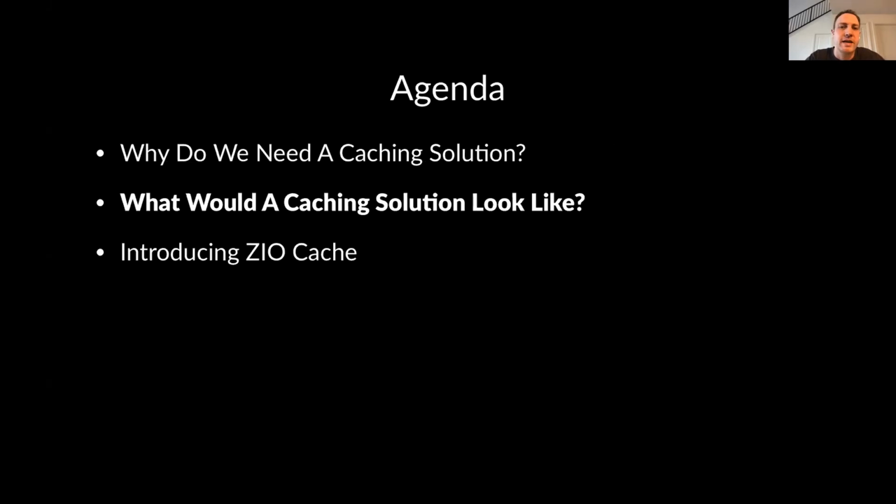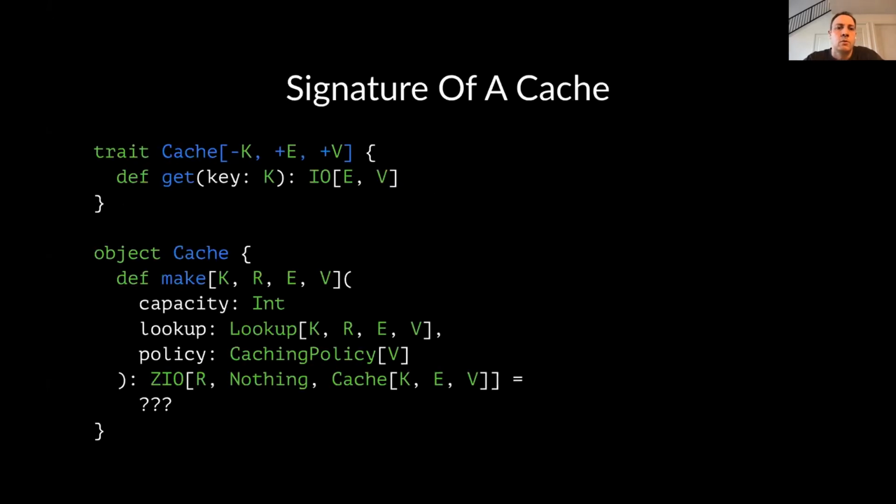So what would it look like if we had a real ZIO native caching solution? Well, if we go back to Caffeine, they had this idea of a loading cache, and that actually ends up being pretty sensible.